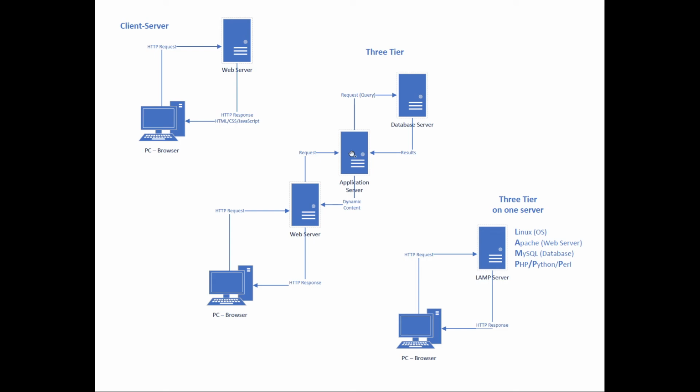It requests something from the application server, and the application server is a client when it requests data from the database server. Okay. So client-server relationship between these 2, client-server relationship between these 2, client-server relationship between these 2. 3-level architecture for our application. Same 3-layer architecture down here, but we run it on one box.